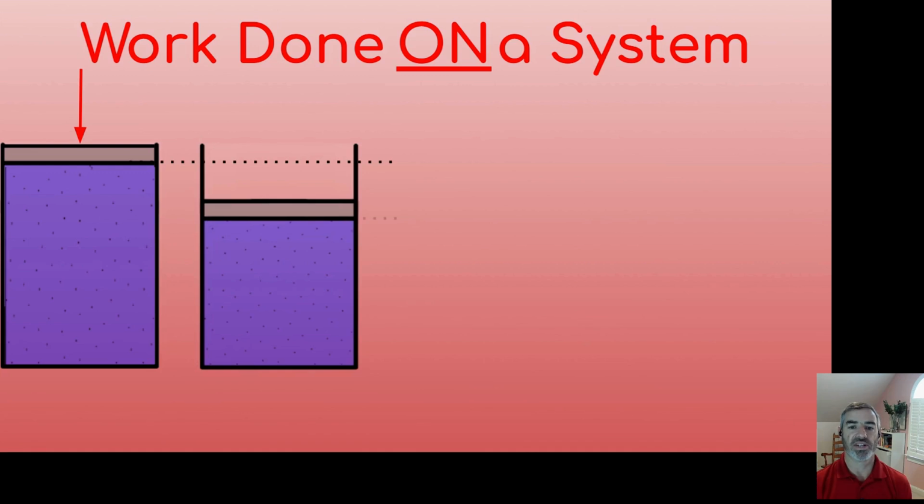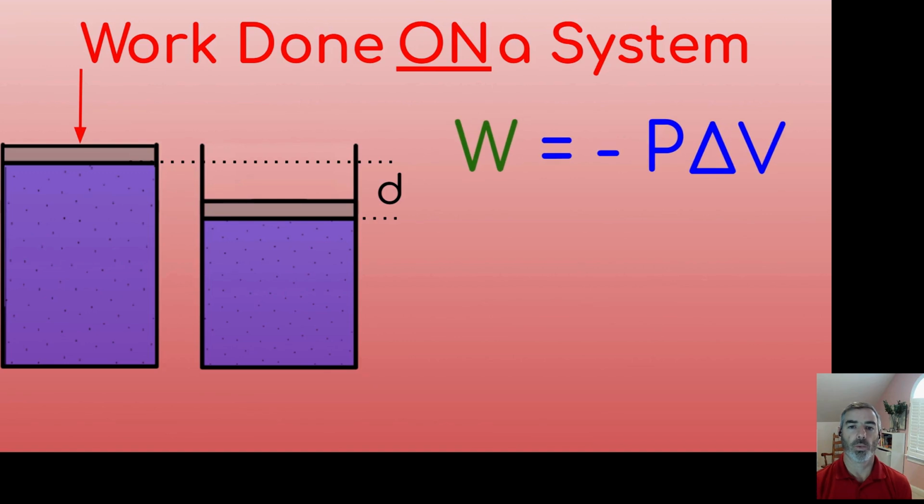So we move that same distance d, but now the piston is transferring energy to the system, and the work equation, since work is equal to negative P times delta V, the change in volume decreases, so that's going to be a negative value. The negative change in volume means we have a double negative, which gives us a positive value for work done on the system.